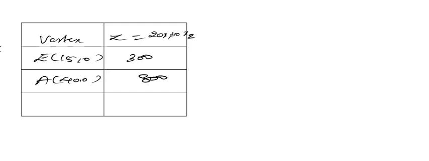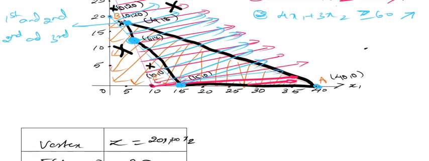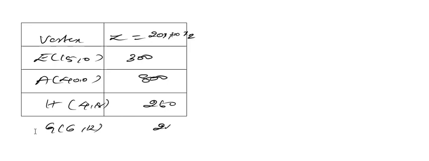This is 800. So we have not named this, right? We will name this as H and G. Okay. So this is H 4, 18, that is 260, and the last one G 6, 12, which is 240.